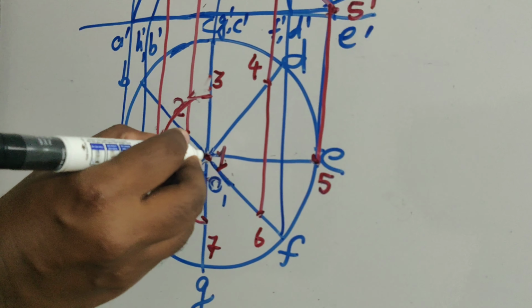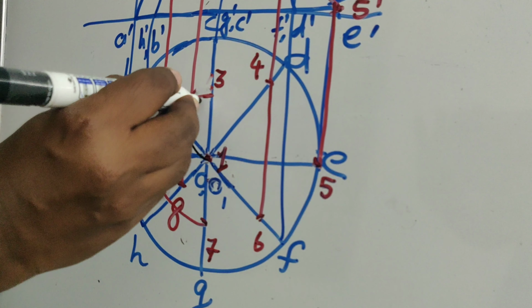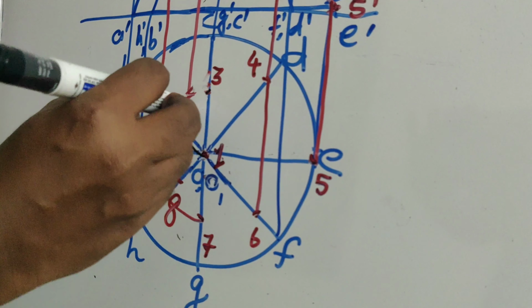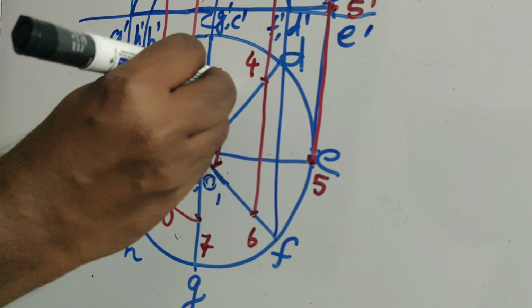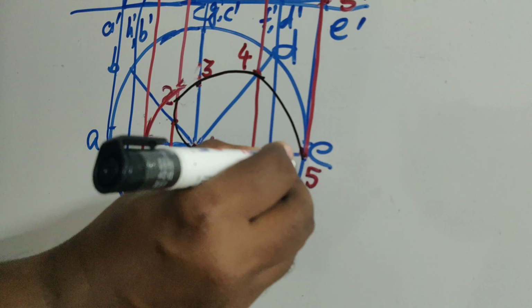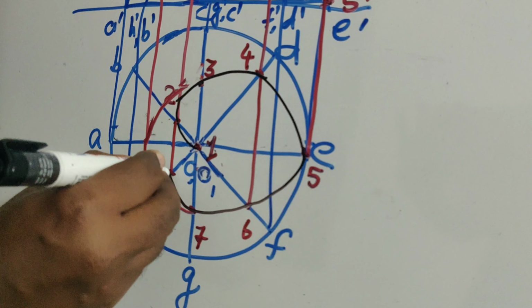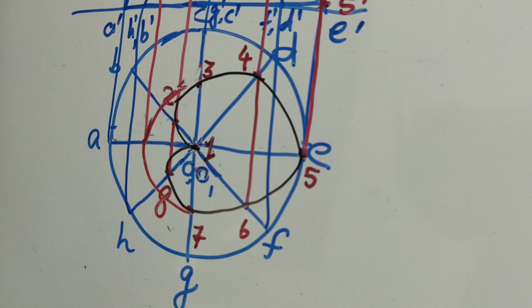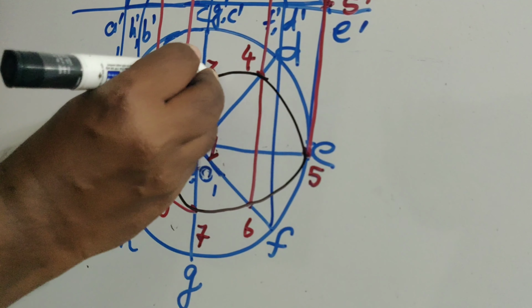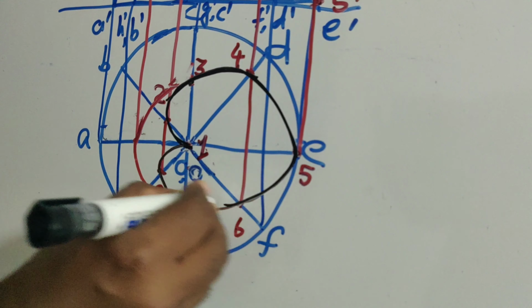Starting from 1, 2, 3, 4, 5, 6, 7, 8 and returns to 1.